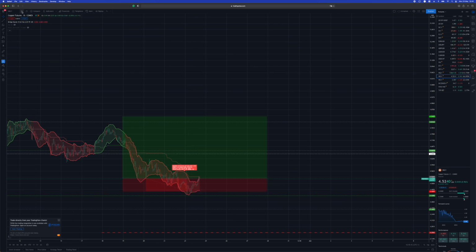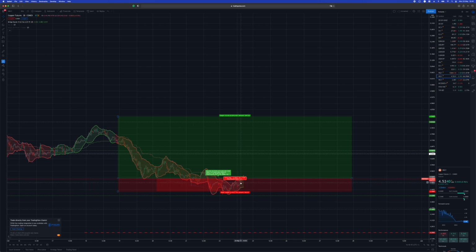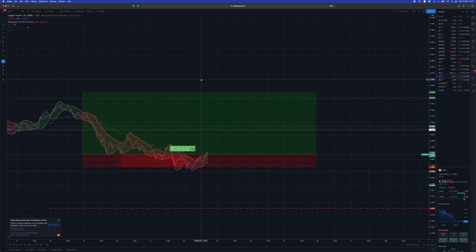Now how am I going to build this position up? Well, earlier this morning when it broached this 30-minute line, I also, sorry, I had to stop the recording there for a second.